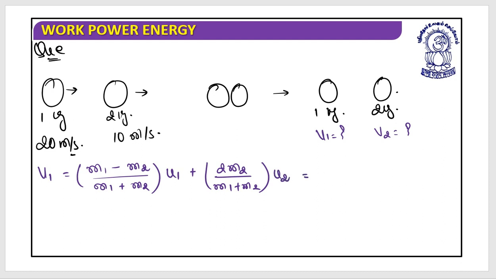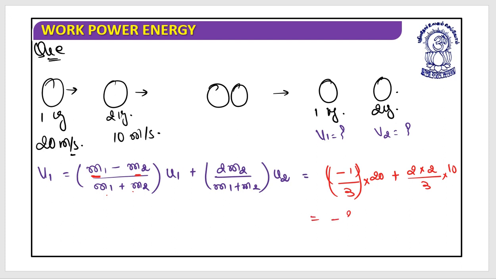If I put in the values, m1 minus m2 is 1 minus 2, which is minus 1, divided by m1 plus m2, which is 3, multiplied by u1, which is 10, plus 2 into 2 divided by 3, multiplied by u2, which is 20.